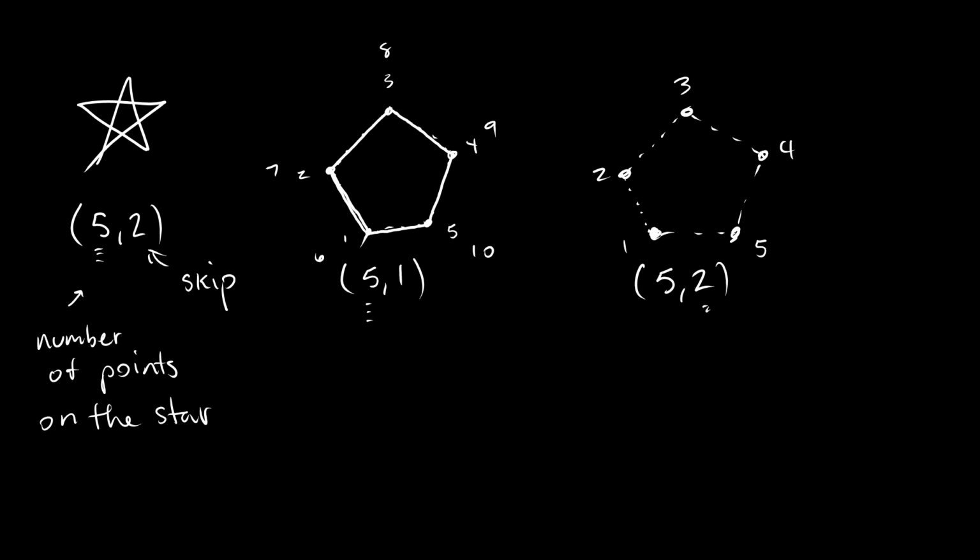So we go from 1. 1 plus 2 is 3, so we'll go to 3. 3 plus 2 is 5, so we'll go to 5. 5 plus 2 is 7, so if we kept wrapping around, we see that 7 occupies where 2 is. So now we'll go from 5 to 7, or 2. 2 plus 2 is 4, and then 4 plus 2 is 6, which occupies the 1 position. So our 5-2 star looks like this.